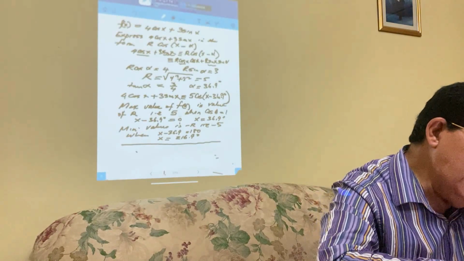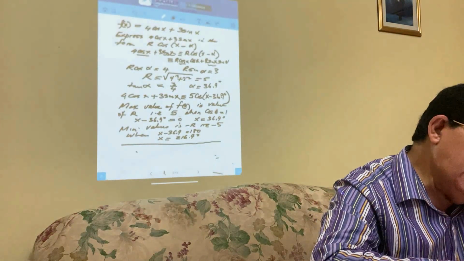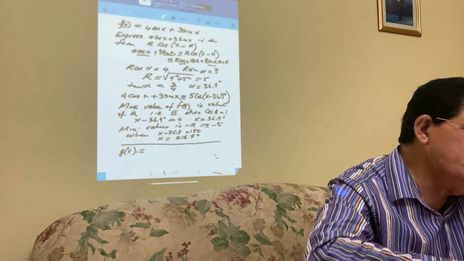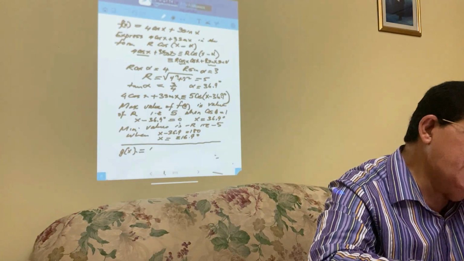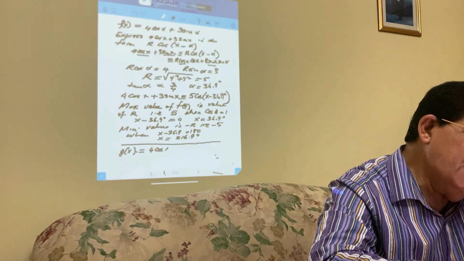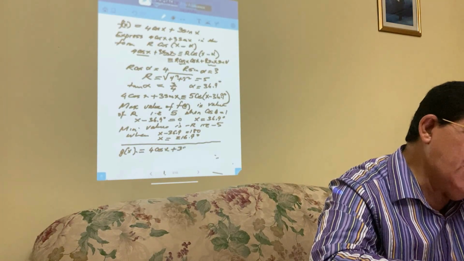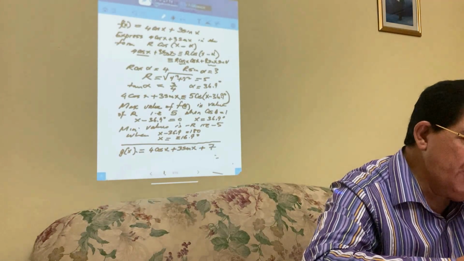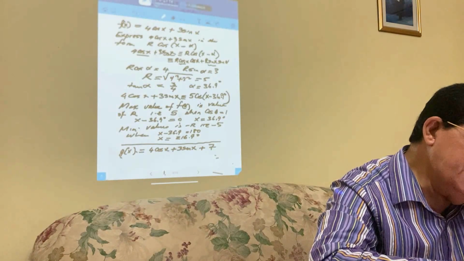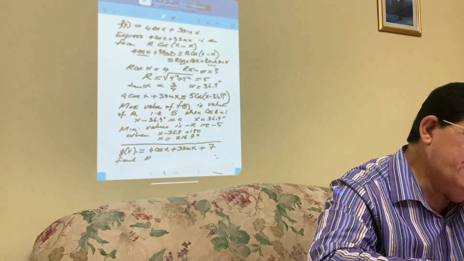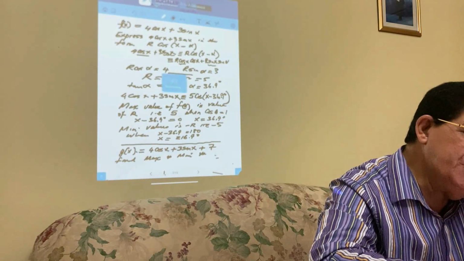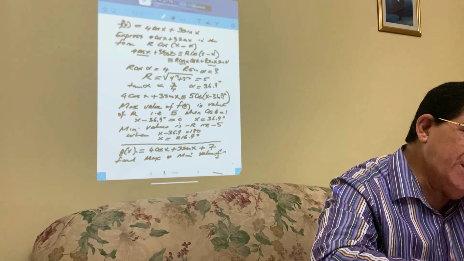We can have some clever questions about here, like saying to you this question: g of x equals 4 cosine x plus 3 sine x plus 7, and I was asked to find the maximum and the minimum values of g of x.